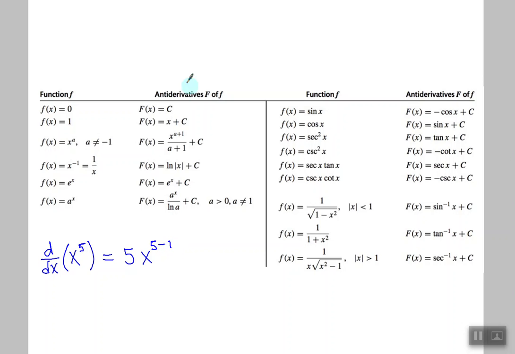So to go backwards, taking the antiderivative of the function, I'm going to do the opposite, which is add 1 to the exponent first, and then divide by the new exponent, instead of first multiplying by the exponent and then subtracting 1. So we want to think of going backwards, or what did the original function have to be to give me this as its derivative? Thus, it's important you make sure you've memorized all of your derivative rules. Let's take a look at some examples.